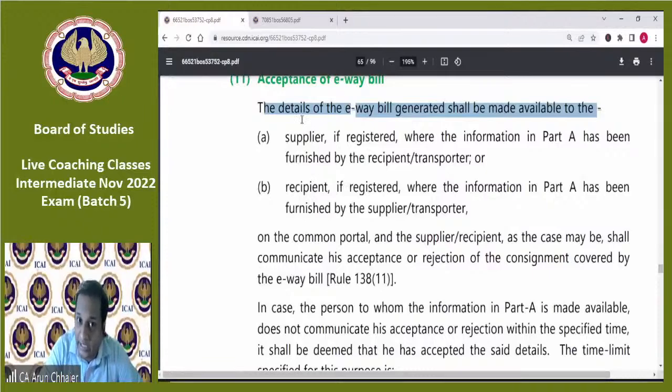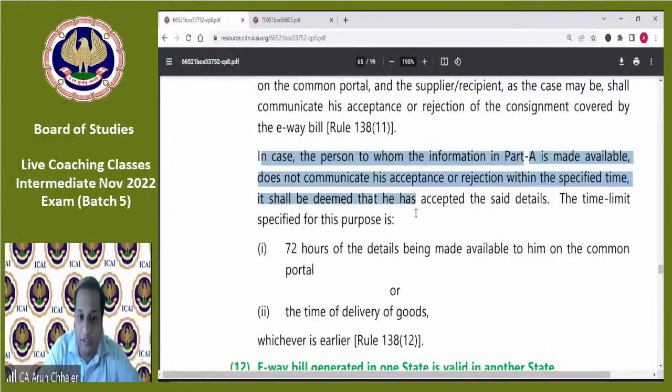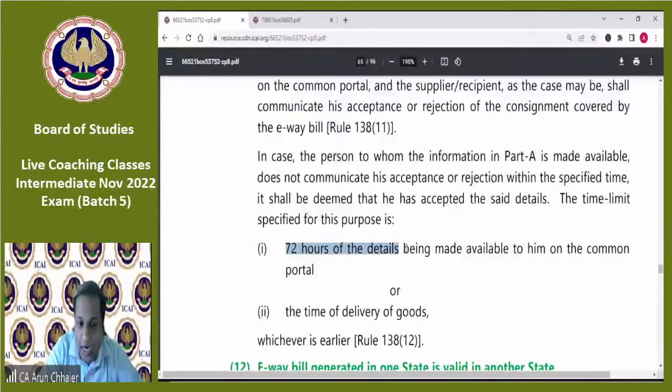Or the details will be made available to the recipient if the supplier or transporter is generating it. So you are generating the e-way bill and the goods are being moved to me. I can reject. What is the time limit? 72 hours of the details being made available on the common portal, or delivery, whichever is earlier.